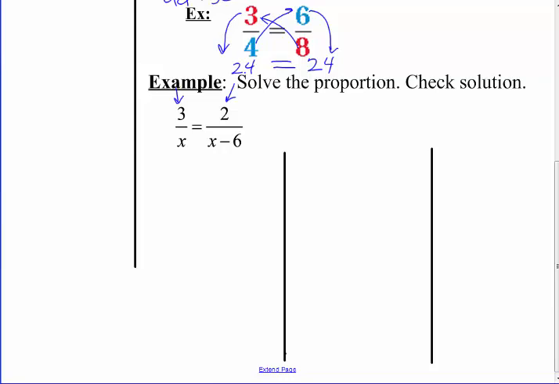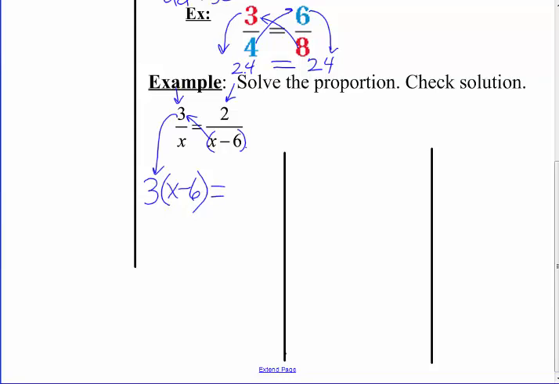So when we do that, everything in the denominator gets multiplied by the opposite numerator. So we are going to multiply 3 times x minus 6. Make sure you have the parentheses there so you don't forget you have to distribute the 3. Okay, so we have to have those parentheses. The whole thing is going to get multiplied by 3.